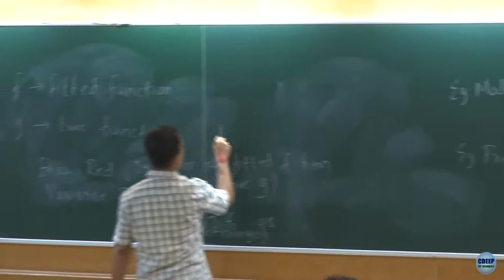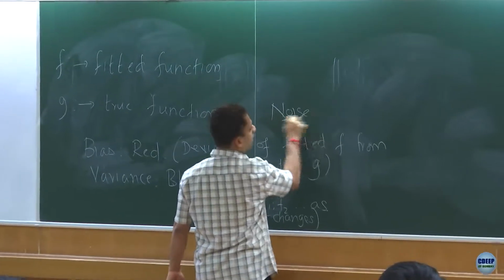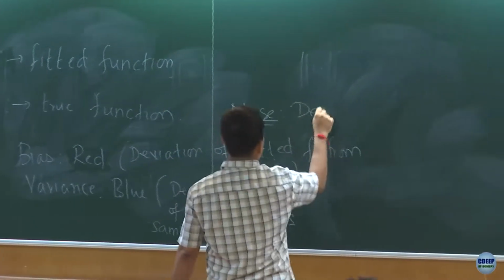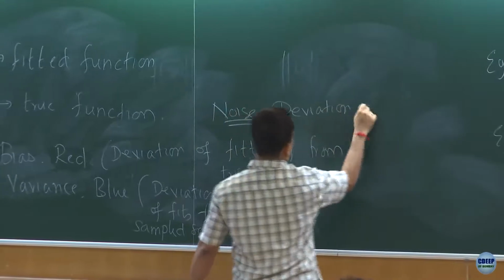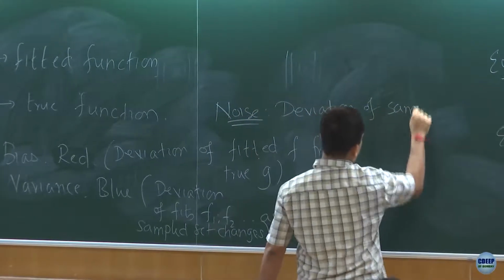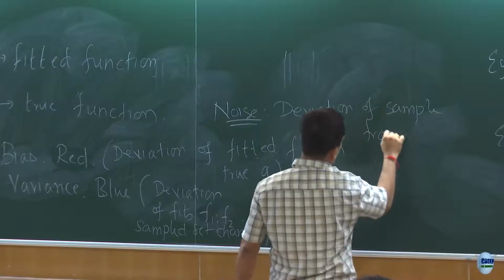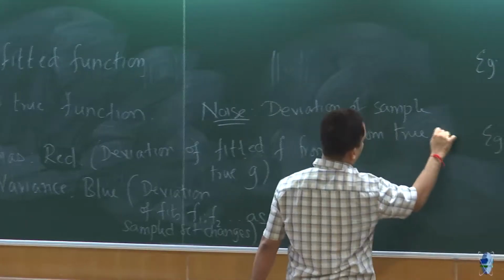So that's the third component, noise. So deviation of sample from true g.